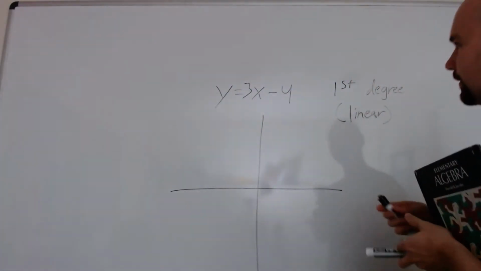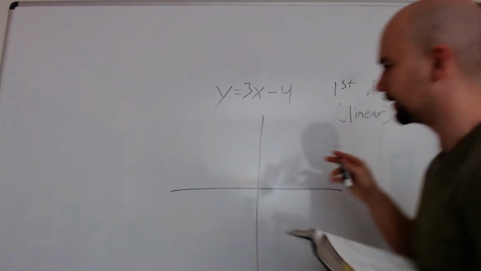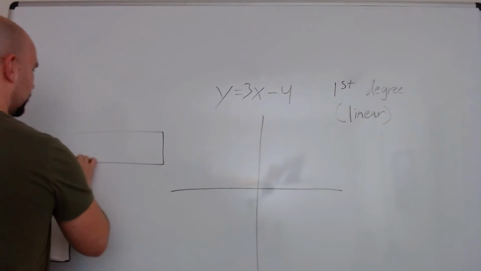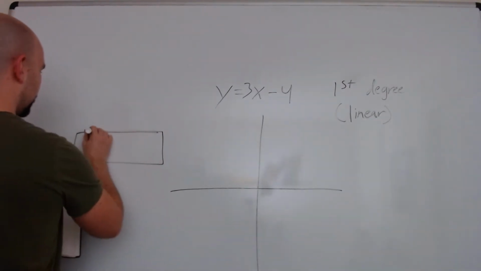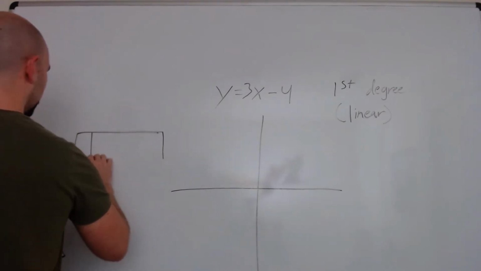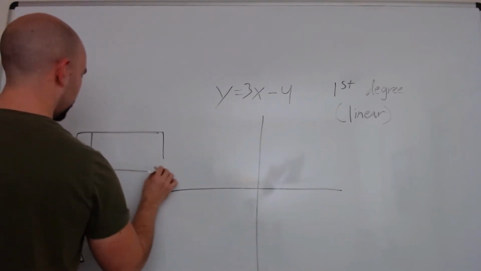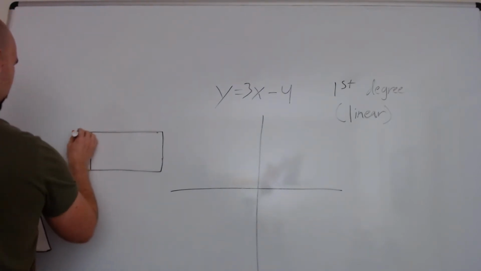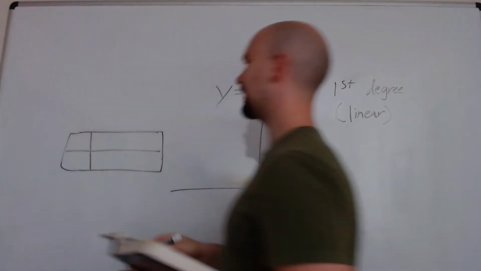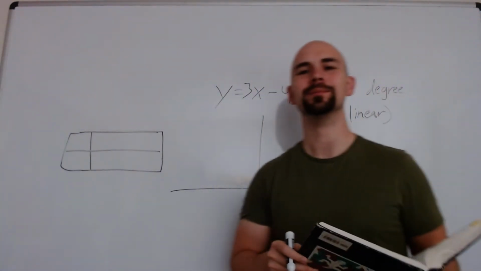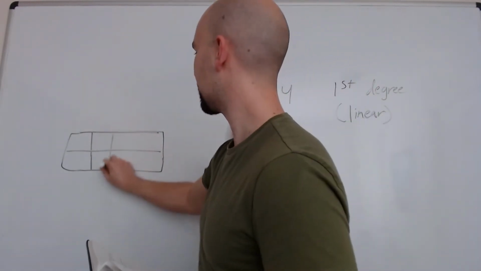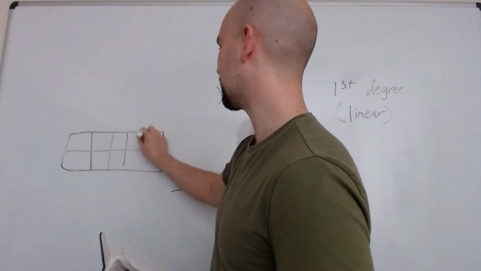If you have just a little chart here, the values of x and y. Now, how many values of x and y could we have? An unlimited number. But we can just plug in whatever potential values of x and y we want.